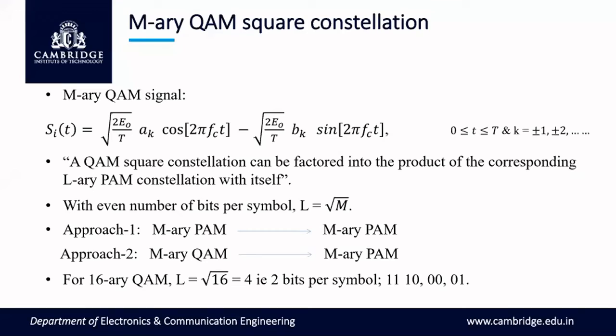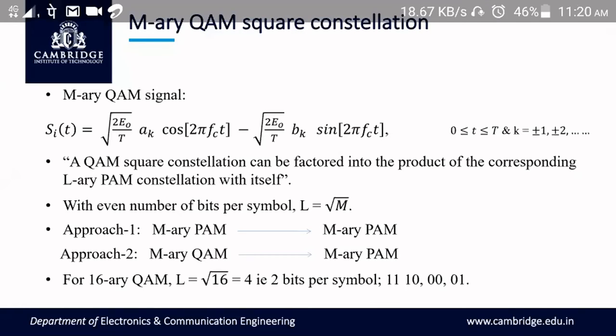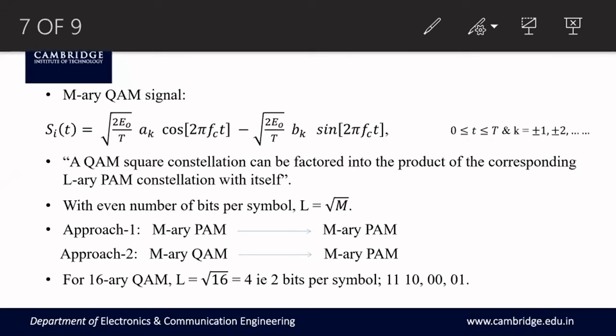If some mathematics is taken into account, look at this part: L is equal to root of M. If M is chosen such that root M is always an integer, that time we can establish L is equal to root M.